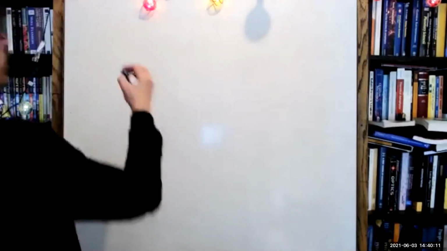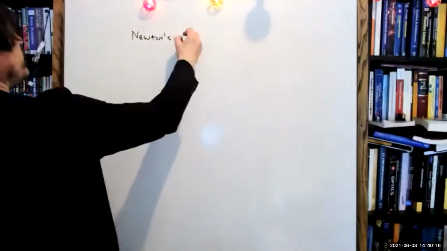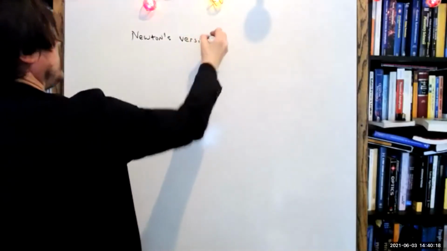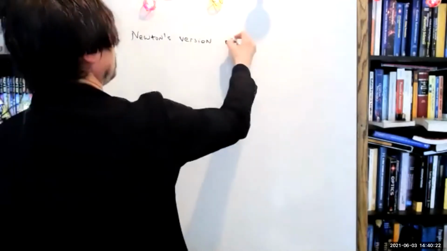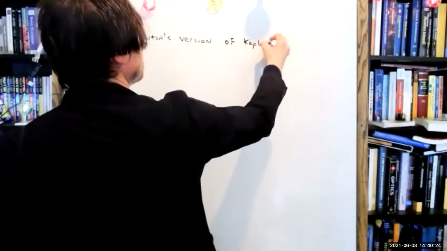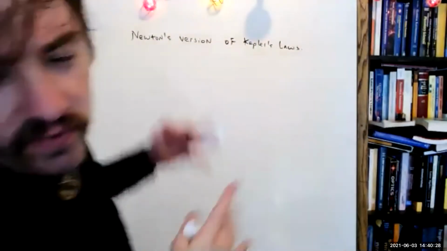In particular, one thing that interested Newton was that Newton did a new analysis of Kepler's 3 laws of planetary motion. Now, I had a really cool intro and setup to this that I don't think I have time for.